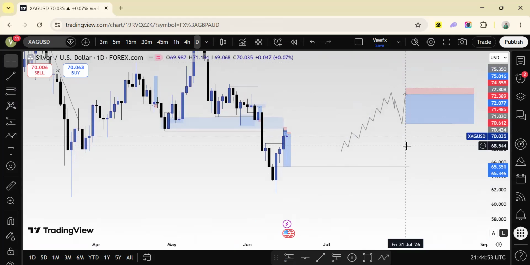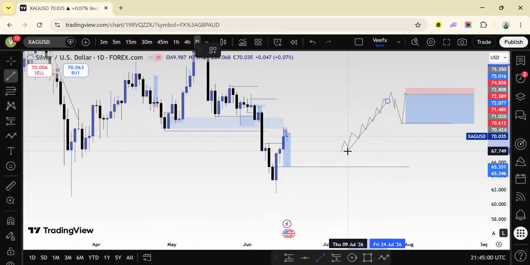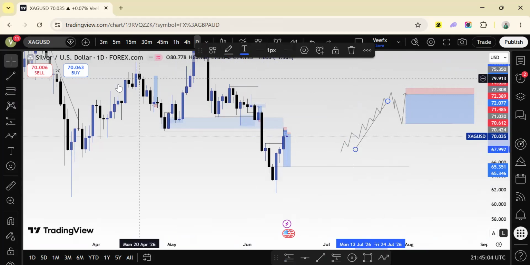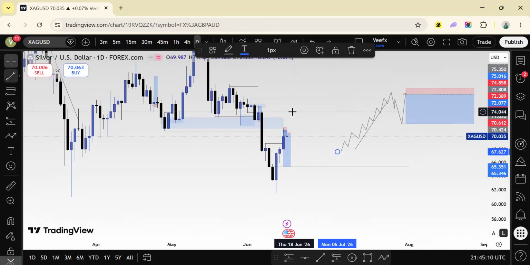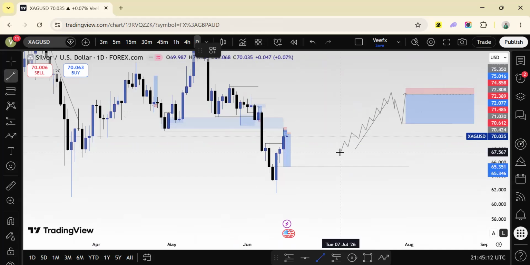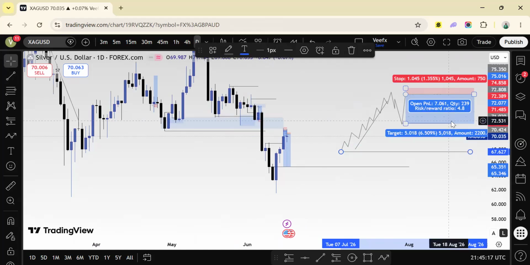Although there's another liquidity called trendline liquidity, which is literally the market giving you a liquidity in a trendline form. Even though my overall take profit might be here, I could still target here. But if my inducement liquidity is already giving me enough reward ratio, I'm good to go.